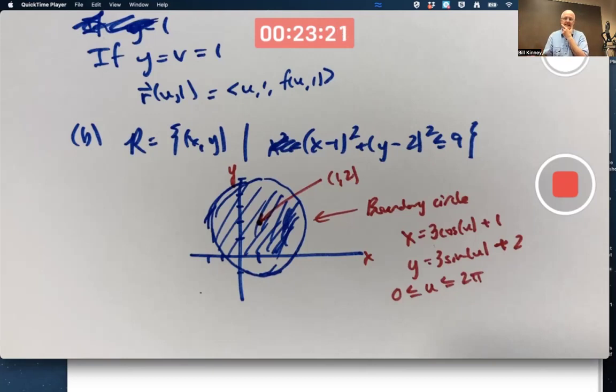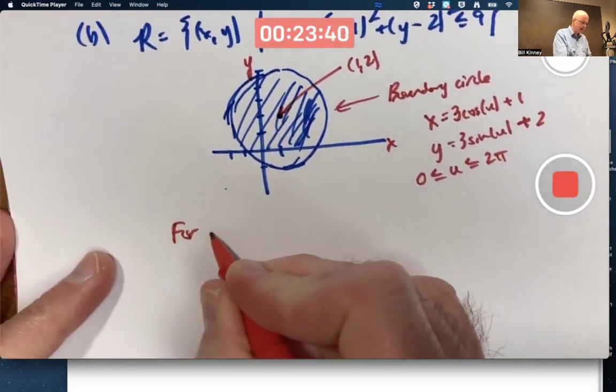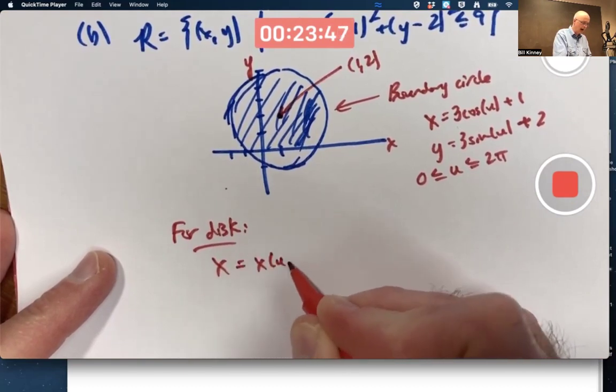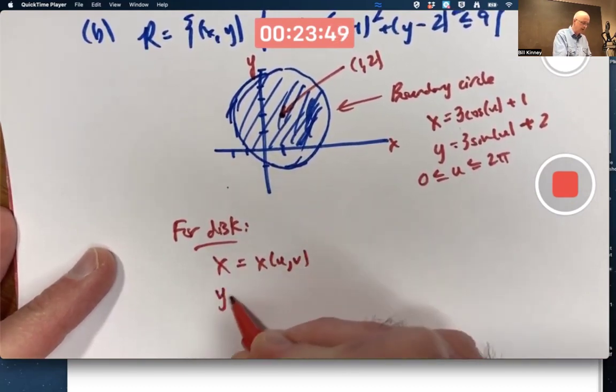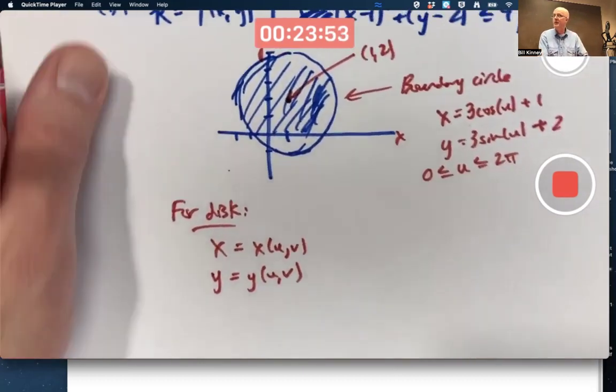We can effectively scale the 3 cosine u and the 3 sine u by a v that varies between 0 and 1. Multiply those terms by v. For the disk, x and y are both going to be functions of u and v. This is not too dissimilar from the transformations that we did with the Jacobian matrix.